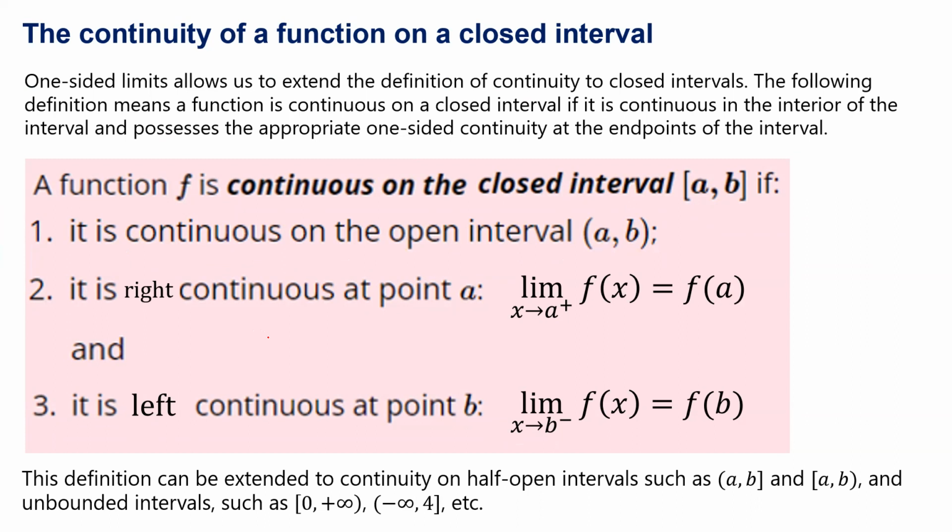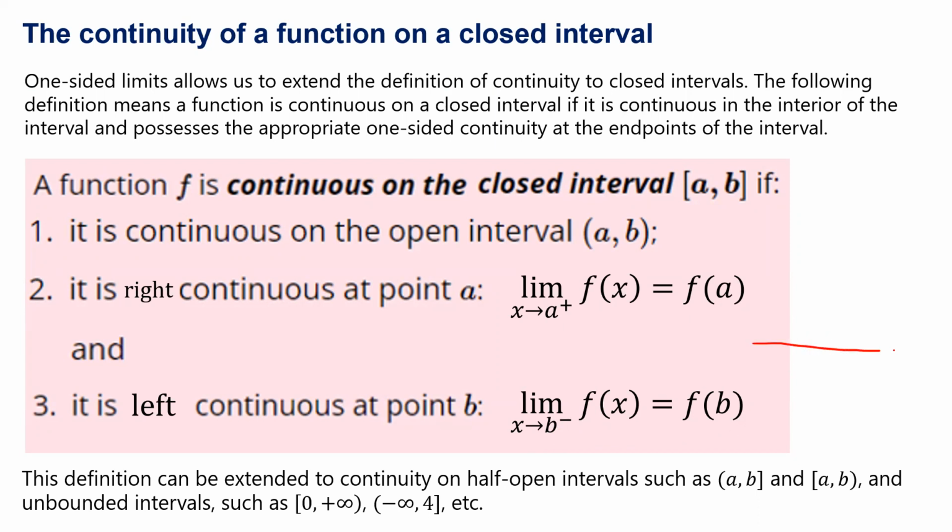Second, it is right continuous at point A. That is, the limit of this function f(x) as x approaches A from the right side equals the image of this function at this point A. And third, it is left continuous at point B. That is, the limit of this function f(x) as x approaches b from the left side equals the image of this function at point b.